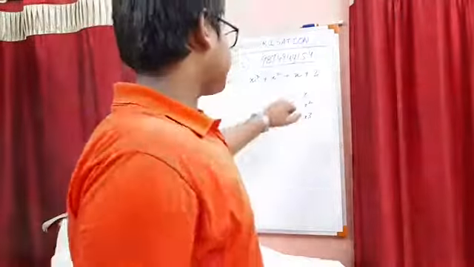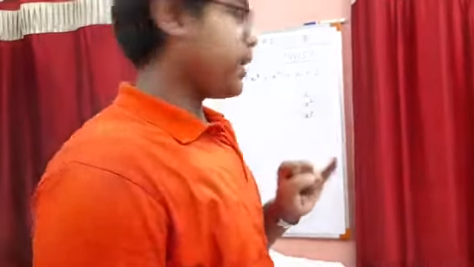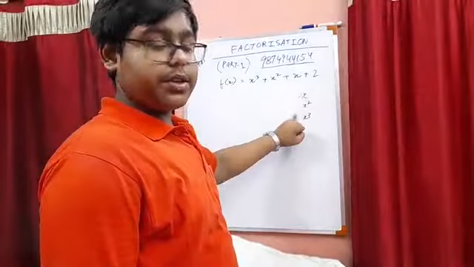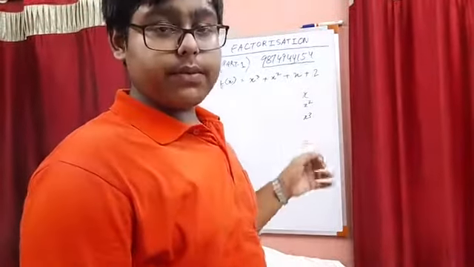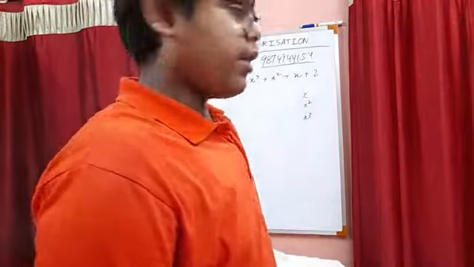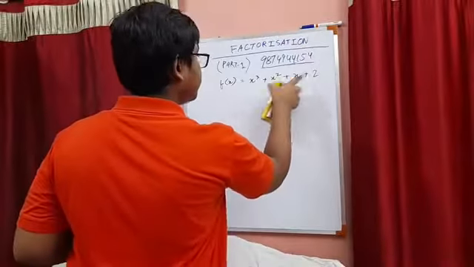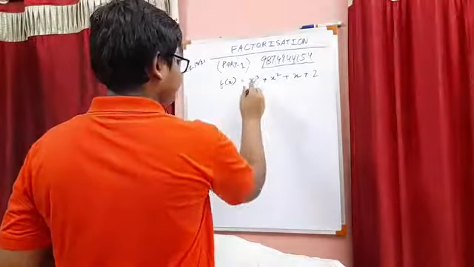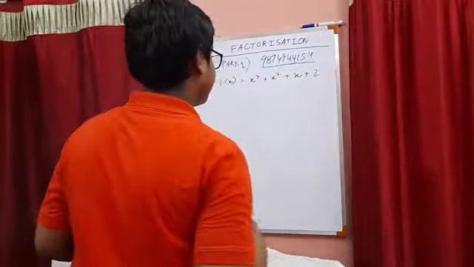So x to the power 1 means degree 1, x to the power 2 means degree 2, and x to the power 3 means degree 3, and this will be carried on. So this one here is a polynomial of degree 3 because x to the power 3 is present here, so the others will be neglected.